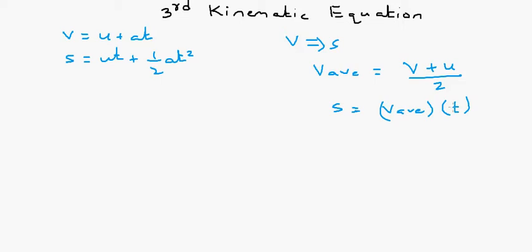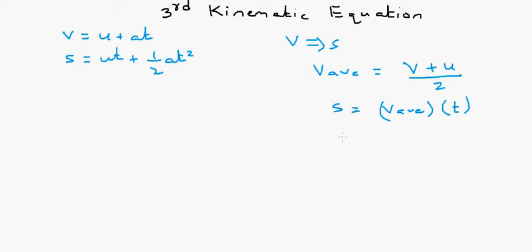If we rearrange this equation and get t equal to something of s, and then put that value of t into the first equation, we're going to get an equation where v is related with displacement, right? Because this quantity is going to be something of displacement. So let's rearrange this equation.